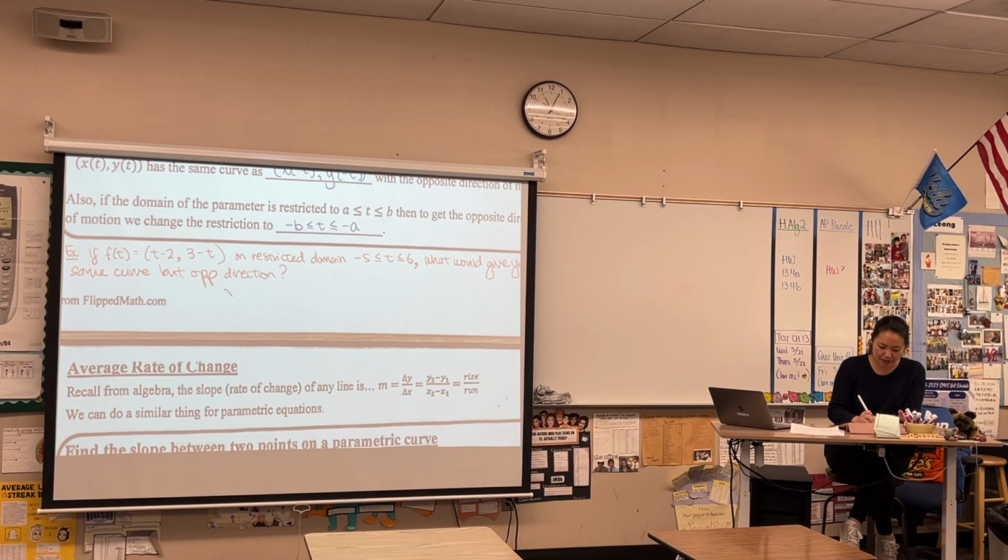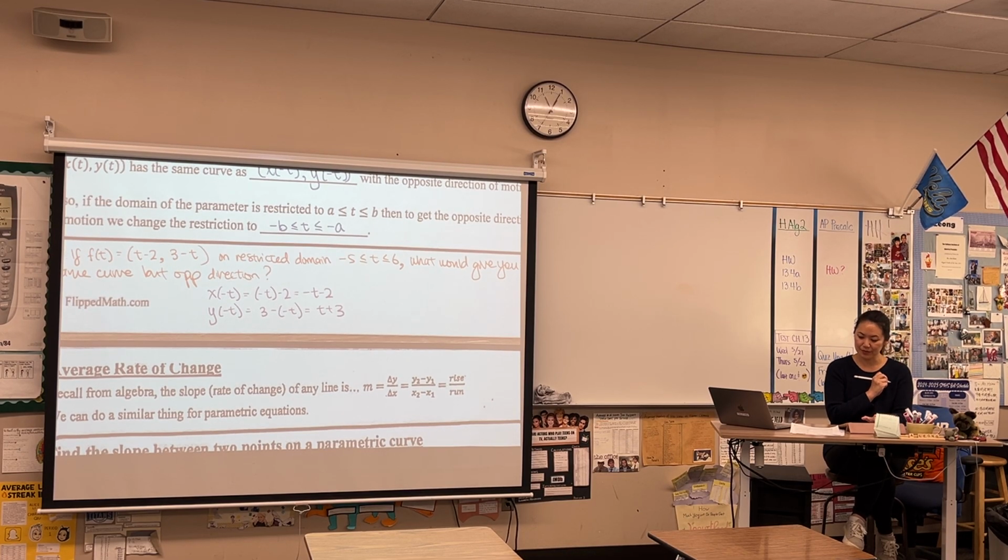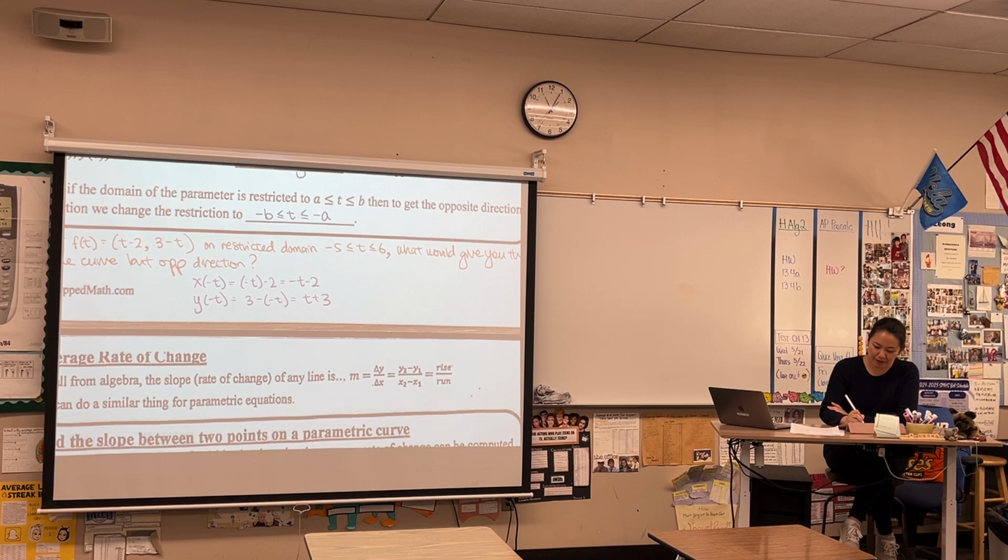So then x of -t would be -t minus 2, y of -t would be t plus 3. Alright, so then that would be my function. So f of -t would just be -t minus 2 and then t plus 3.